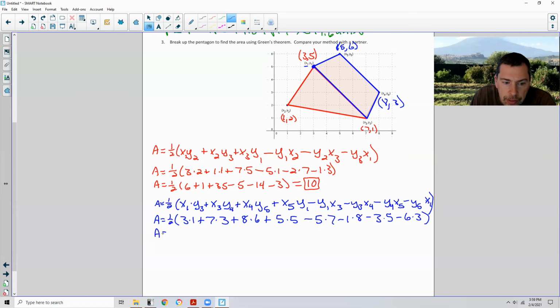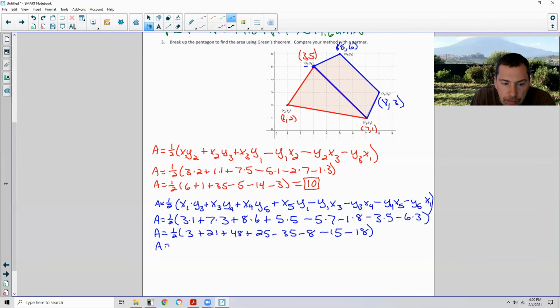So the area equals 1/2, 3 times 1, plus 7 times 3, plus 8 times 6, plus 5 times 5, minus 5 times 7, minus 8 times 1, minus 3 times 5, minus 6 times 3.